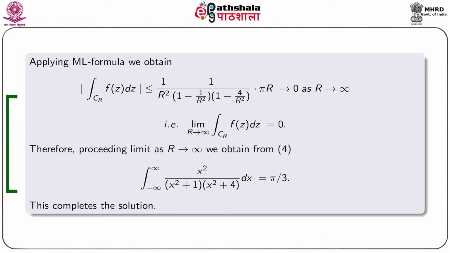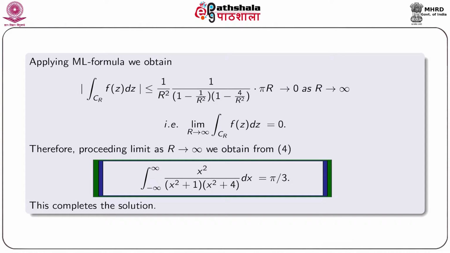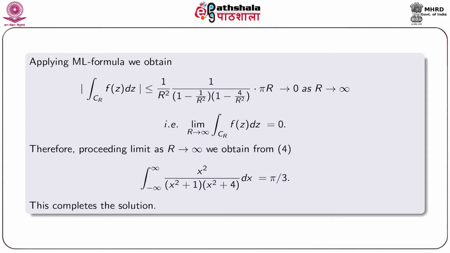This implies the limit as R tends to infinity of the integral over CR of f(z) dz equals 0. Therefore, proceeding to the limit as R tends to infinity, we obtain from 4 the integral from minus infinity to infinity of x squared by (x squared plus 1) into (x squared plus 4) dx equals pi by 3.